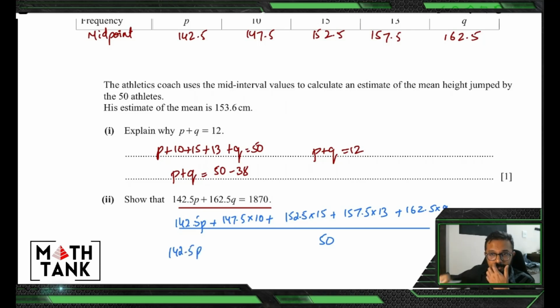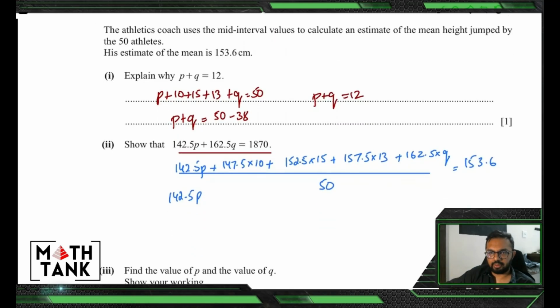I'm going to add up the rest of them on the calculator without hesitating, because I know that these need to be added together rather than written down each one individually. It's going to be a lot of writing down if I do that. So that's giving me 5810 plus 162.5q equals, I'm going to cross multiply 50 with 153.6, and that gives me 7680.